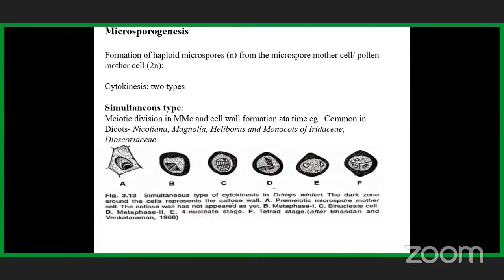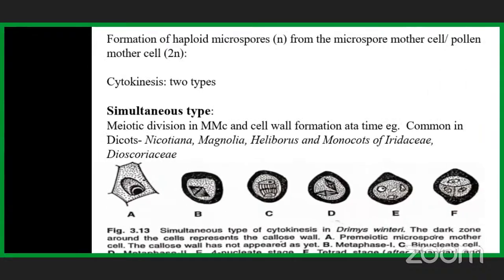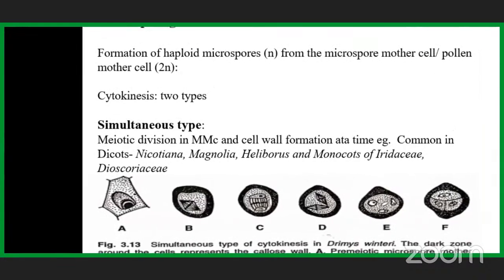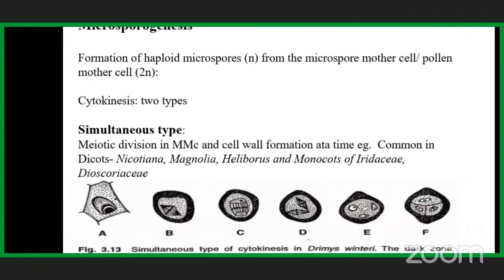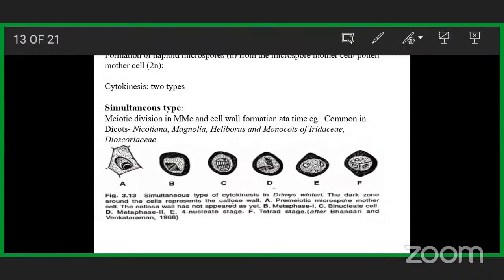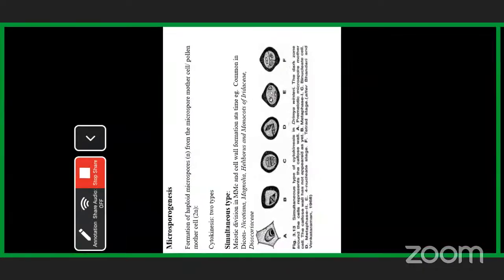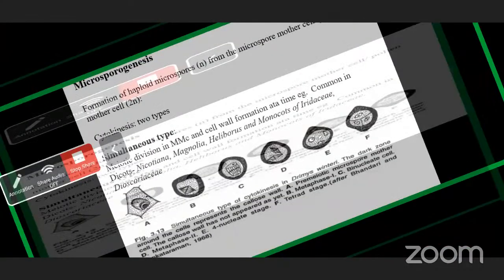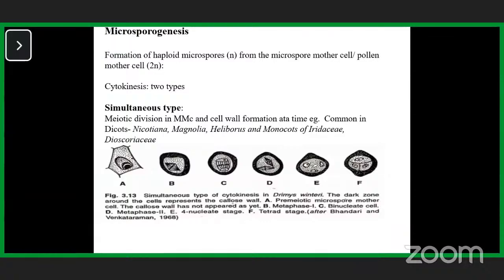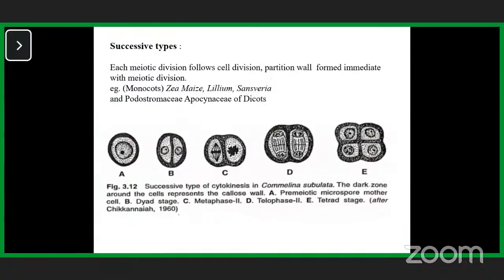Okay, you see in the microsporogenesis, while forming the pollen, what is happening here? The formation of haploid microspores. Usually, the microspore mother cell takes the reduction division and forms the 4 haploid microspores. Okay, there are 2 types, simultaneous type and successive type.